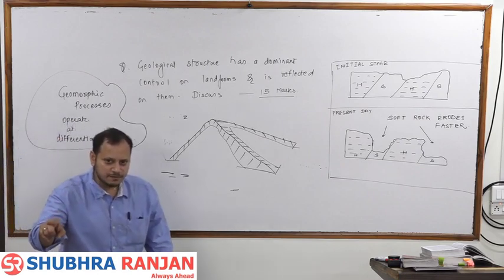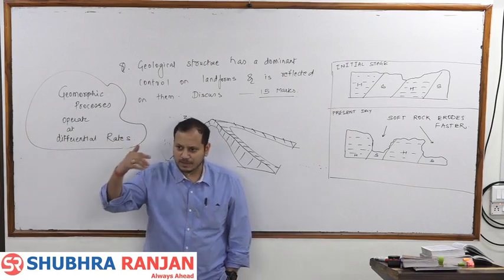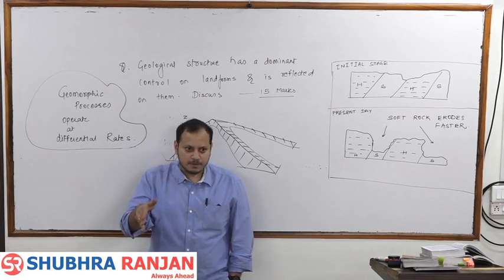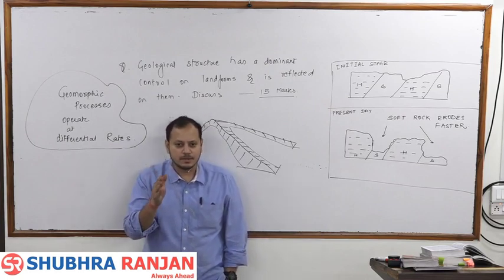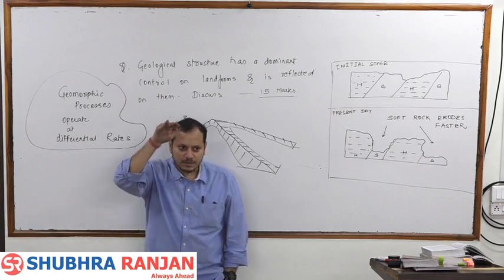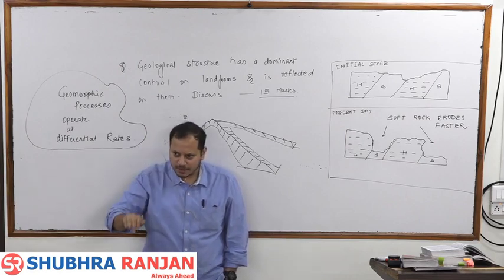Earth has different relief because maybe wind has less power than water and therefore wind cannot erode as compared to water. Or there is one way of approaching: water has different power at different places and therefore uska erosion capacity changes. Because uska erosion capacity changes, therefore the landform ka height keeps on changing. Jitna zyada erosion, the more the erosion, the height of the landform will be less.